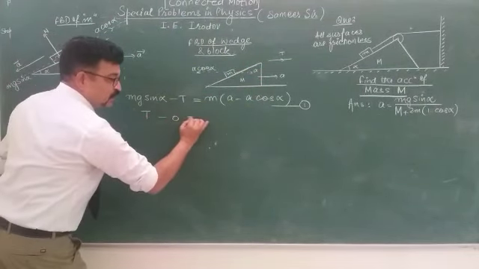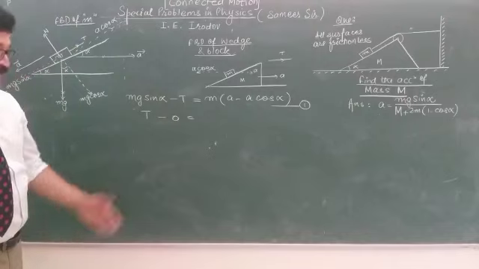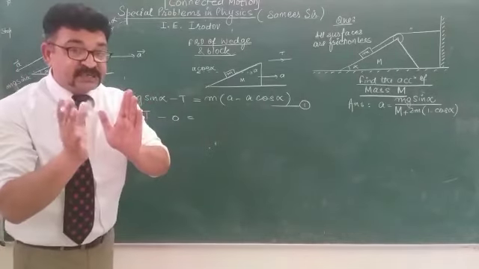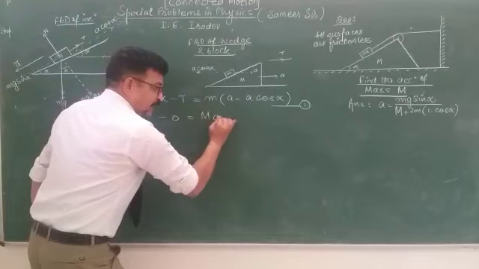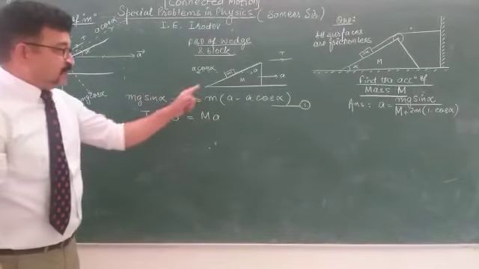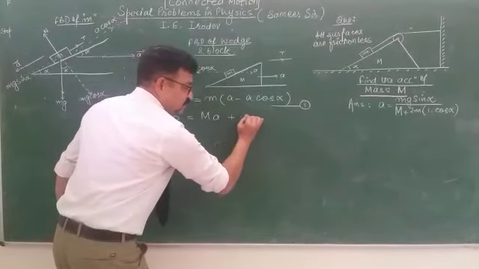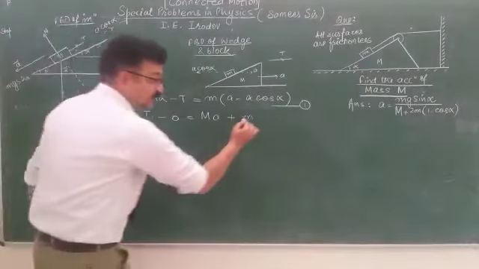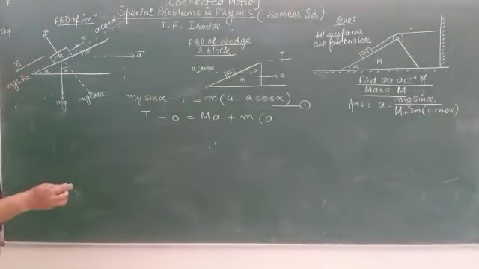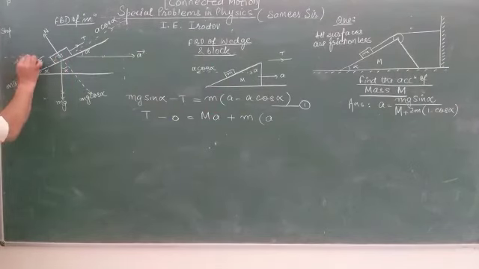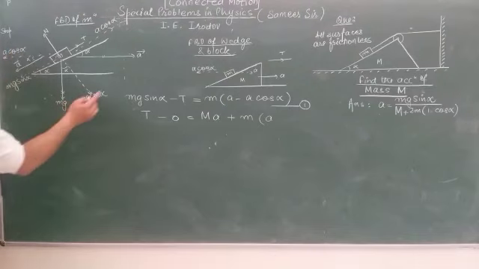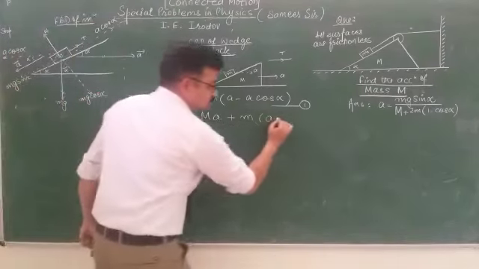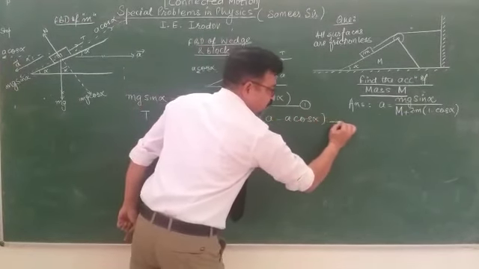T. What should I write for acceleration? There are two accelerations: one of capital M because of this tension, and there is one more acceleration on small m. If you discuss small m once again, one of the components of small a opposes this acceleration, so I will get a minus A cos alpha.